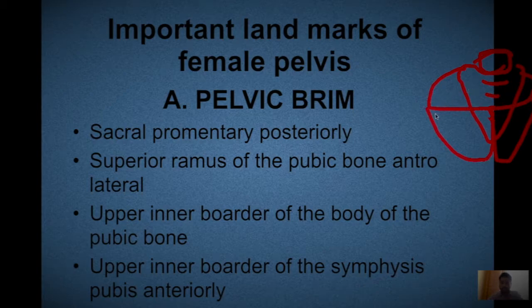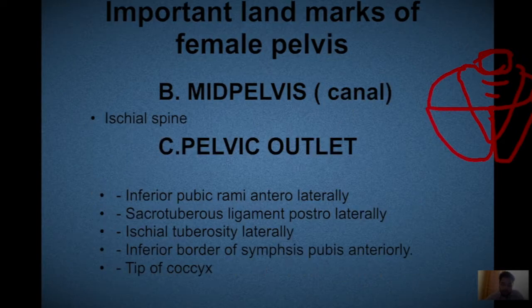This one will be on the anterolateral side, and the upper inner border of symphysis pubis anteriorly. This will be on the anterior side. So pelvic brim is, in short, bounded anteriorly by the pubic symphysis and posteriorly by the sacral promontory.